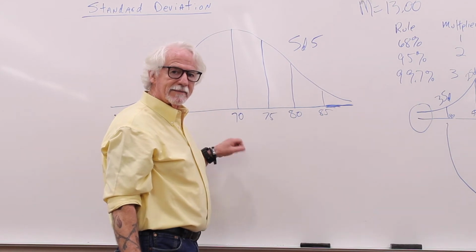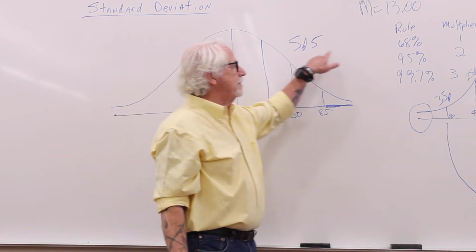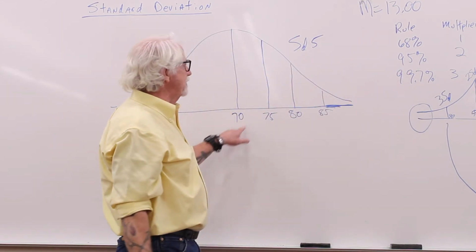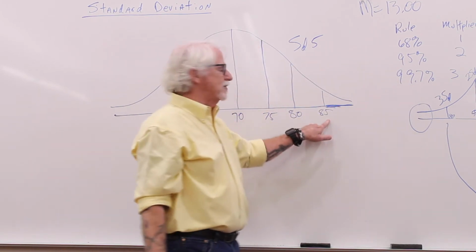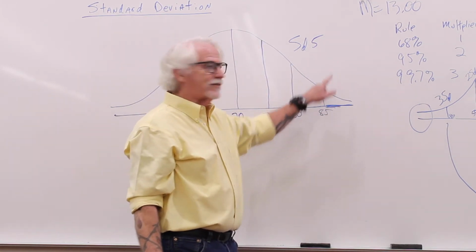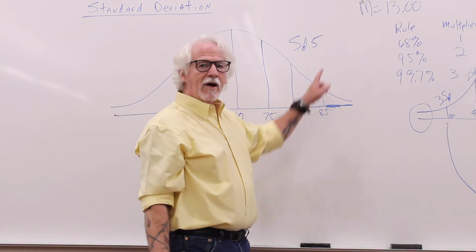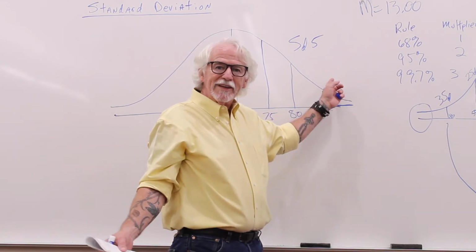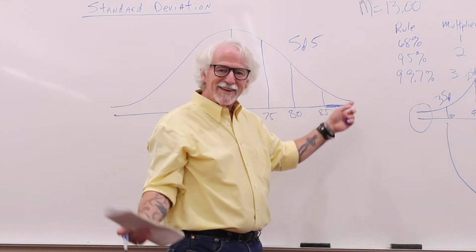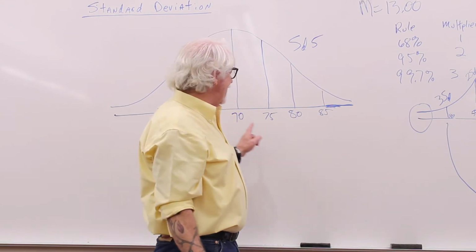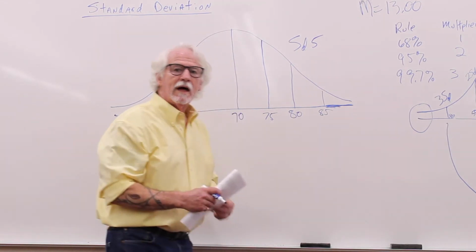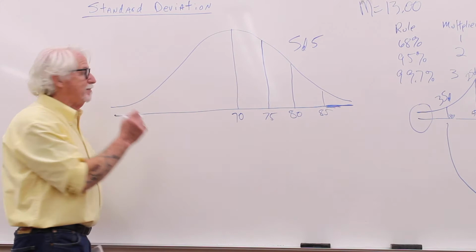Okay, yes. So whatever it is times the multiplier gives me the distance. If I multiply by 3, I know 3 standard deviations is 5 times 3, or 15, or 3 times 2.33 or 1.7, whatever the number is. And then I just add that to or subtract it from the mean.